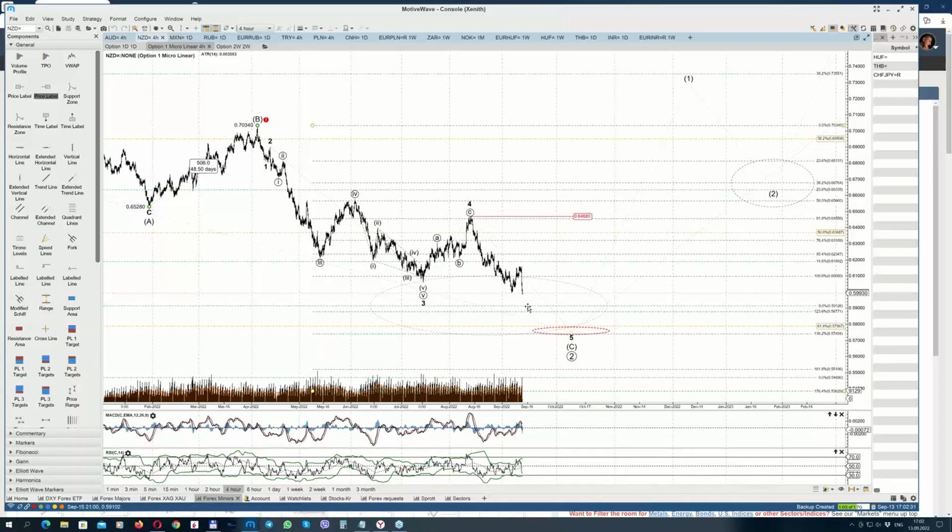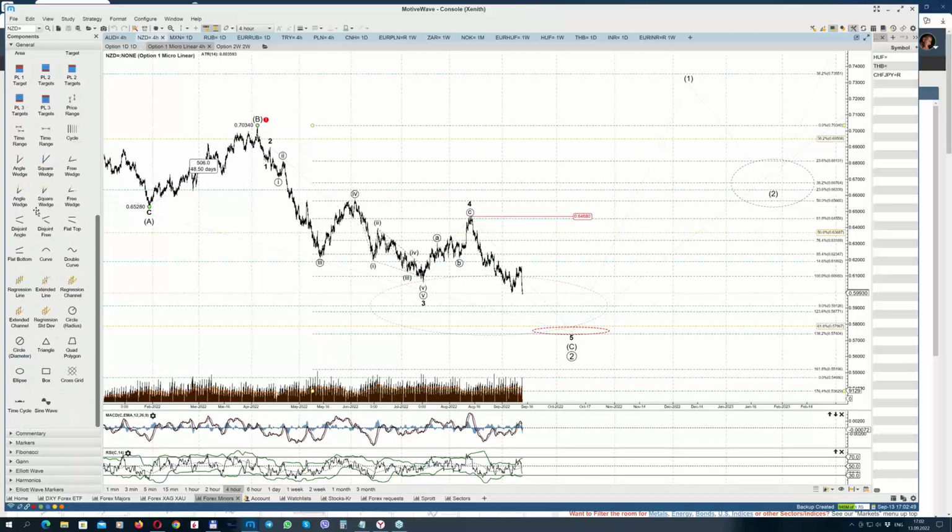In the case we see a really decisive bounce out of this low, then that would be an indication of a long-term bottom. However, this count is just one of the possible scenarios. Take a look at this potential wave bottom.